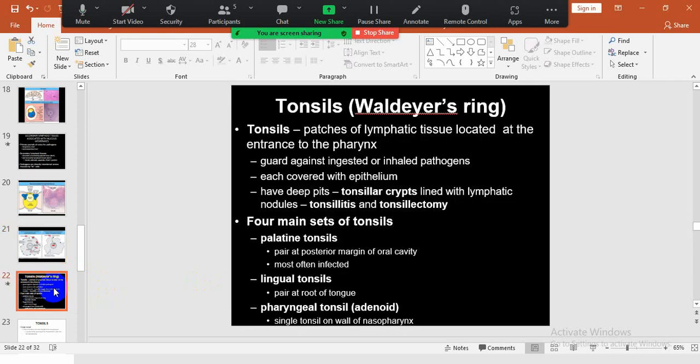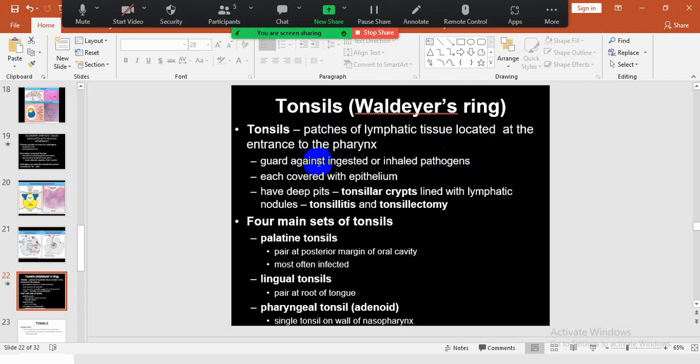So let's look at the tonsils that protect the immune system, various sites like the gastrointestinal tract and the respiratory system. So the tonsils, they are patches of lymphatic tissue located at the entrance to the pharynx. Thus, they guard against ingested or inhaled pathogens.